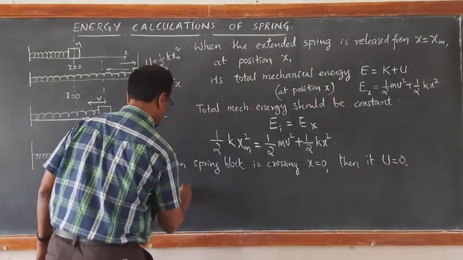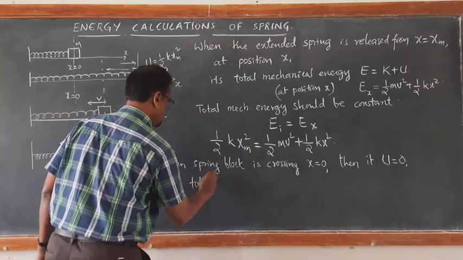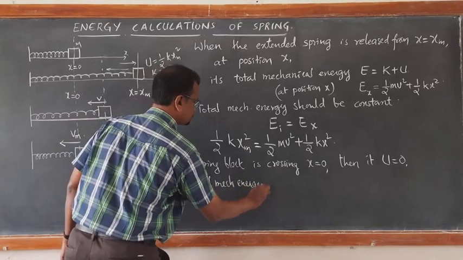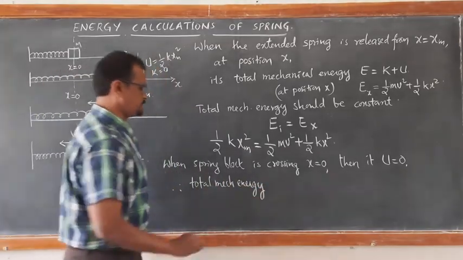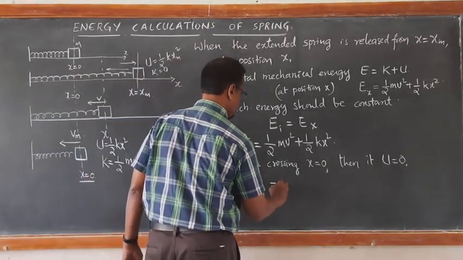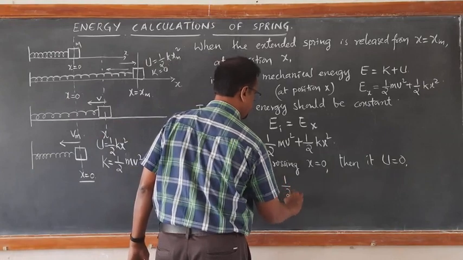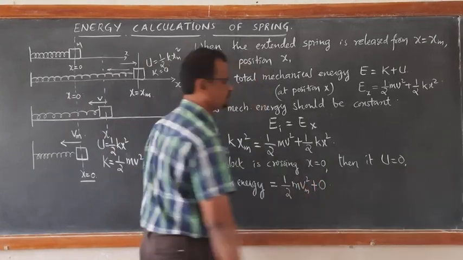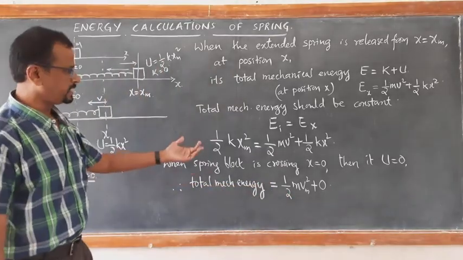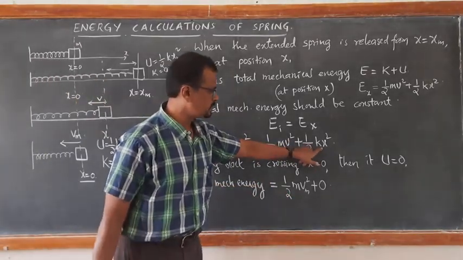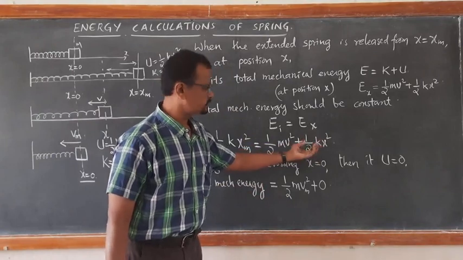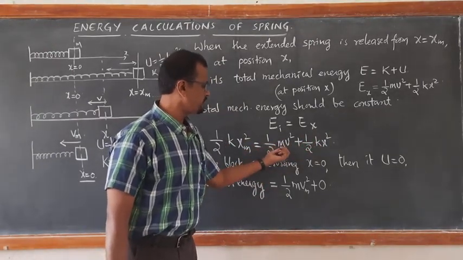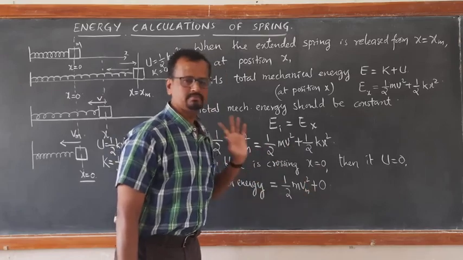So total mechanical energy at x equal to 0 becomes half m vm square plus 0. Putting x equal to 0 here, half k into 0, this term becomes 0, and this term becomes half m vm square.